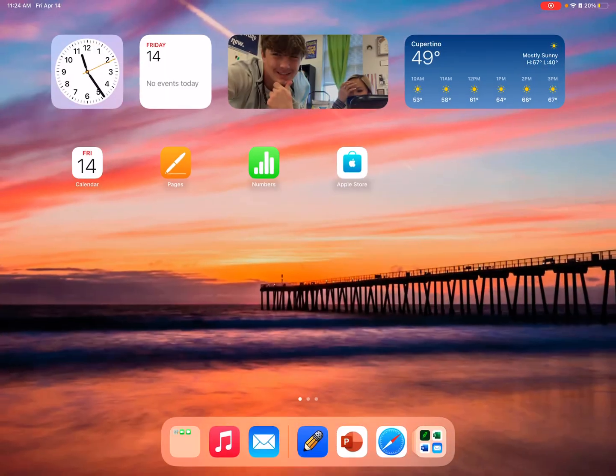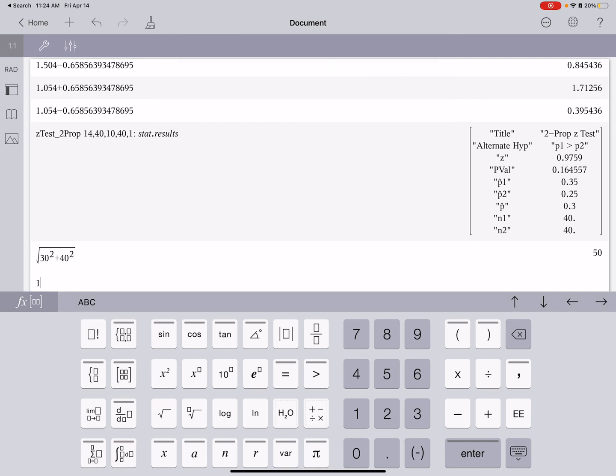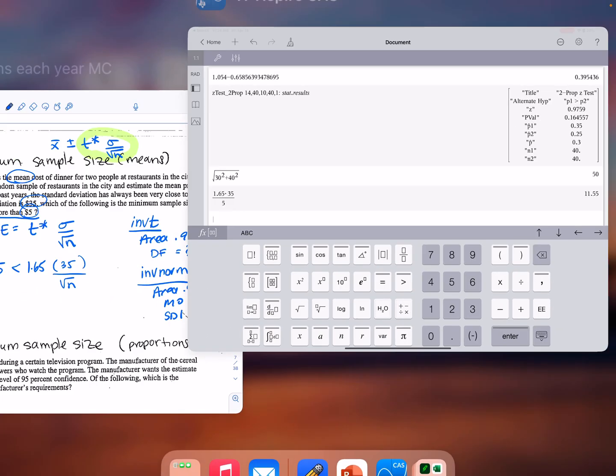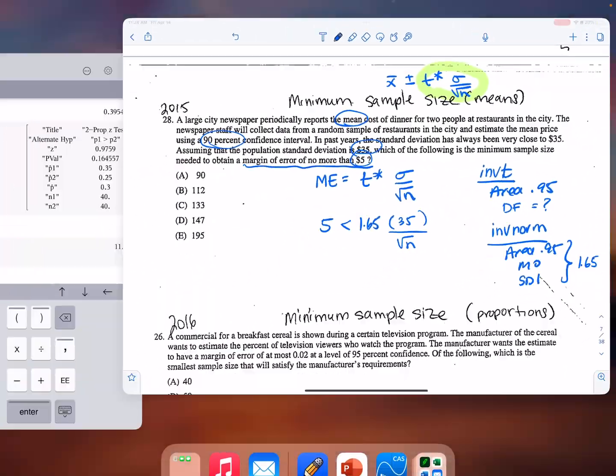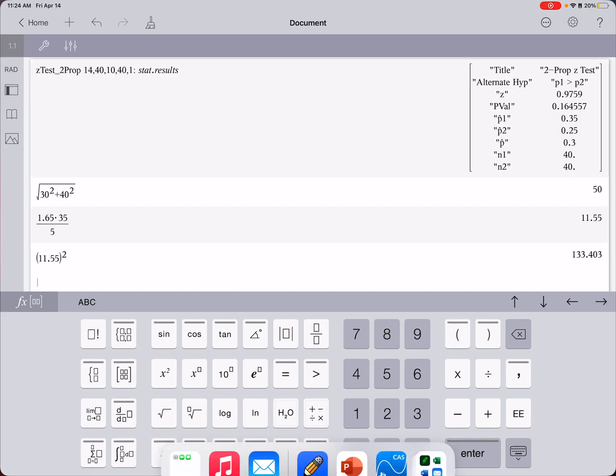So let's get my CAS up here. Oh, and then square it. So it's 133.